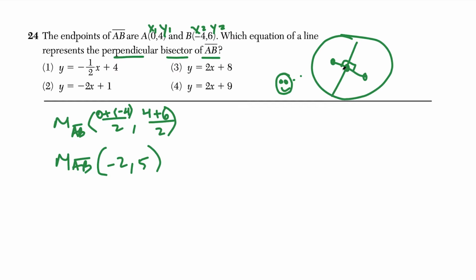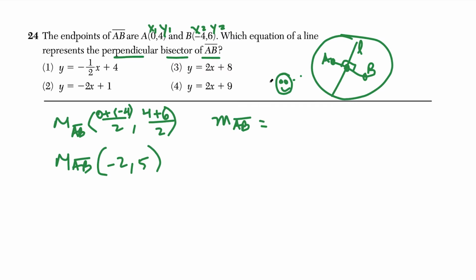Once I have the midpoint, I also need to know the slope of my perpendicular bisector. AB here is not drawn to scale. I'm going to find the slope of AB, but then I need the slope of my perpendicular bisector, let's call it L, to be the negative reciprocal. That slope of L has to be the negative reciprocal of whatever the slope of AB is.